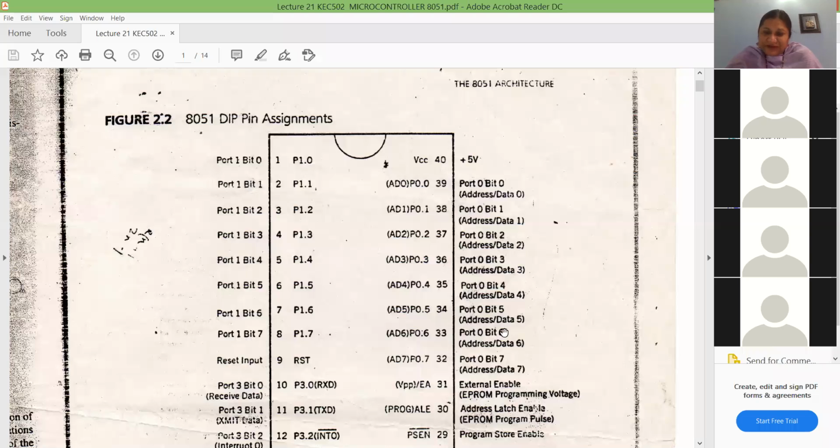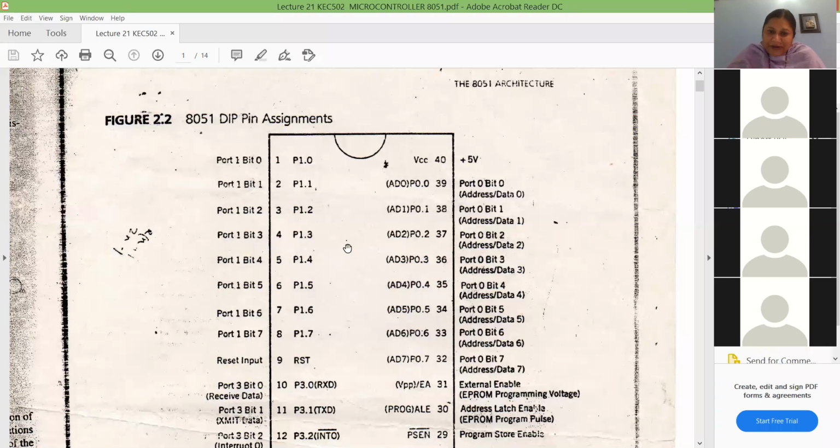The difference between 8048 and 8051 is that 8048 had fewer instructions and less memory capacity compared to 8051. And this is the 8051 family of microcontrollers.